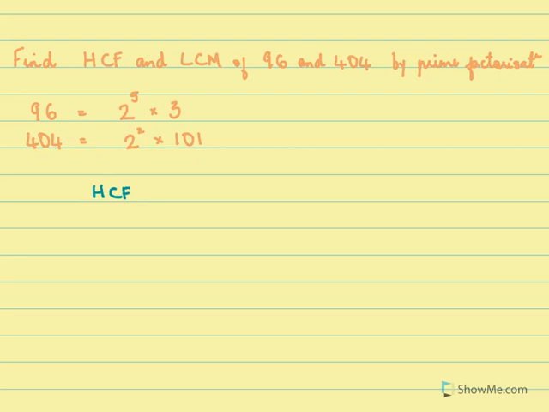To find the HCF, we take common factors and lowest power. So the common factor, that is 2 in 96 and there is 2 in 404. So 2 is a common factor. Now which is the highest power? In the first case here, 2 is raised to 5.